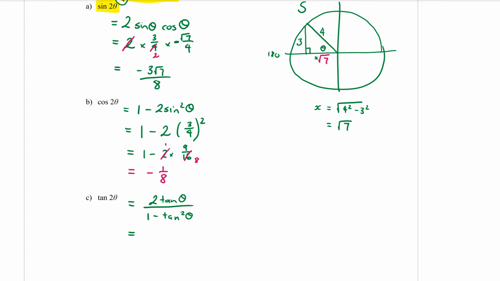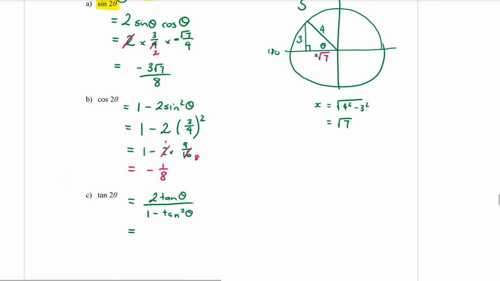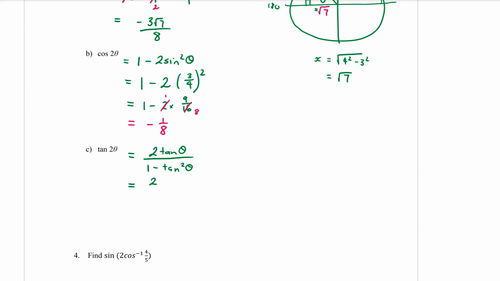However, because it is in the sine quadrant, it is going to be negative. So we are going to have 2 times negative 3 over root 7, over 1 minus negative 3 over root 7 squared.